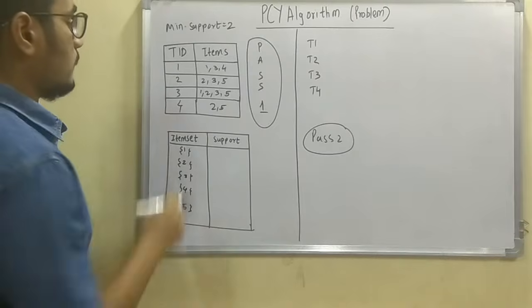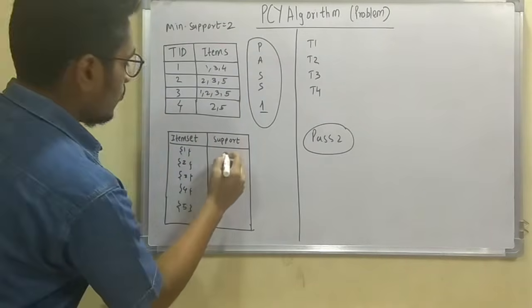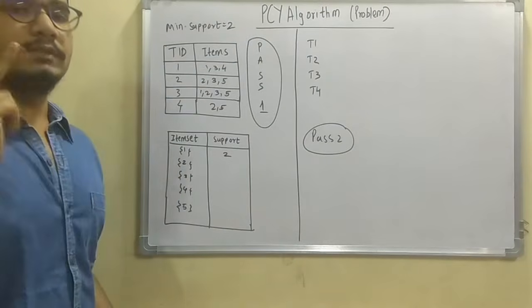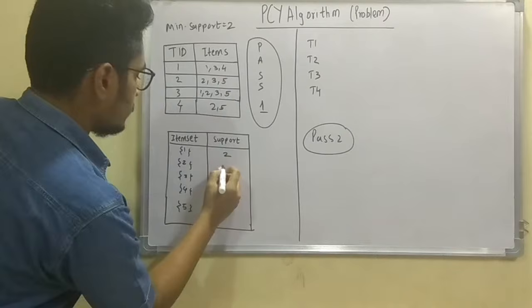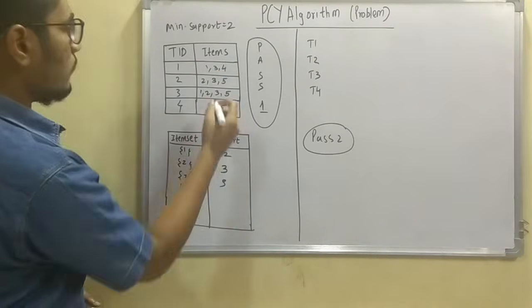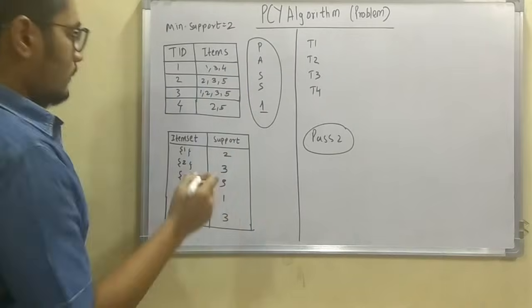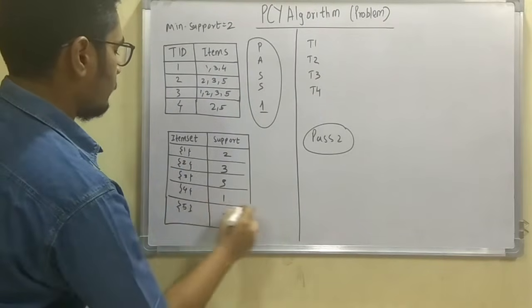Item 1 has occurred 2 times, so its support is 2. For item 2 it is 3. For item 3 it is 3. For item 4 it is only 1. And for item 5 it is also 3. So this makes the table of item set and support.